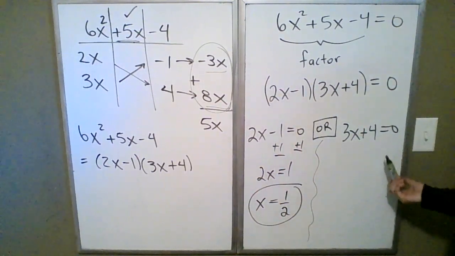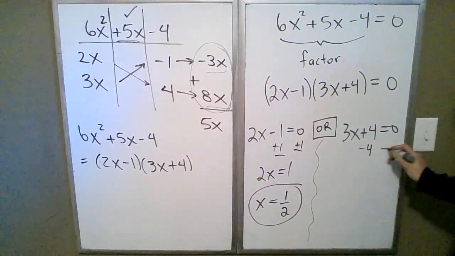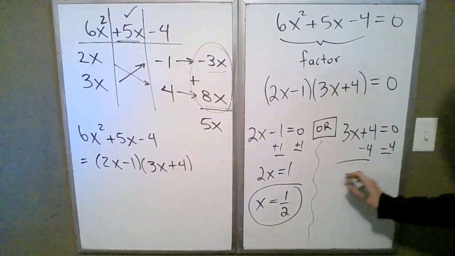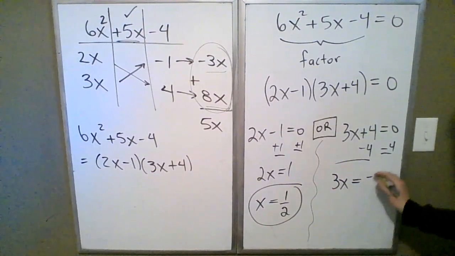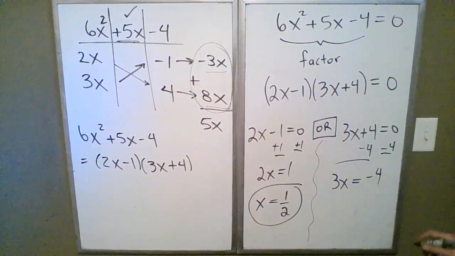Over here, you need to subtract 4 from each side. And 3x is equal to -4. Divide both sides by 3, and you'll have x equal to -4/3.